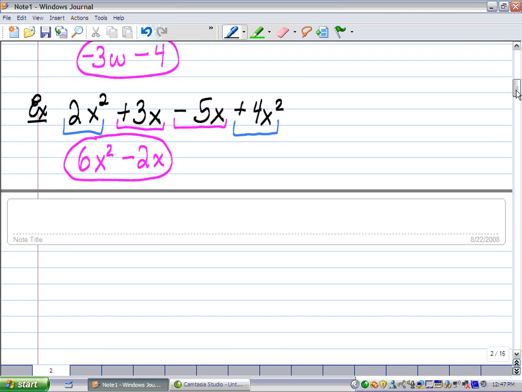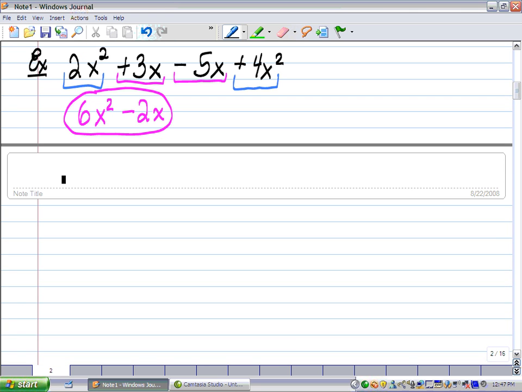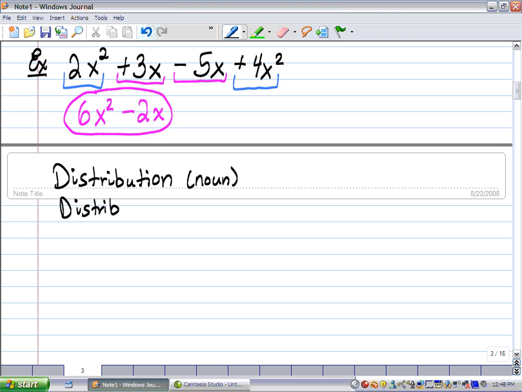The other thing we do in order to simplify expressions is called distribution. Distribution is the noun, it's the title of what we do, the verb is distribute. So we're going to distribute the constant on the parenthesis.